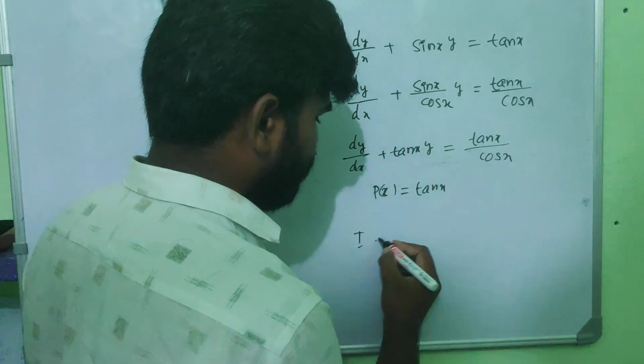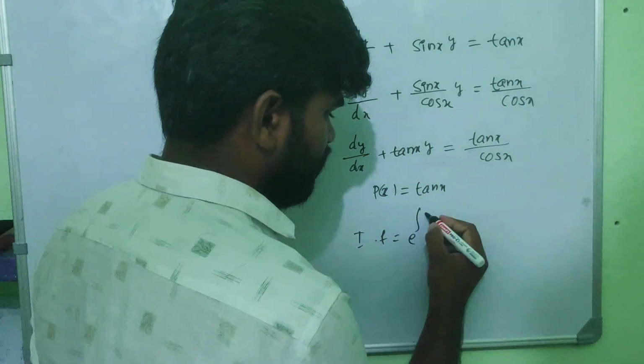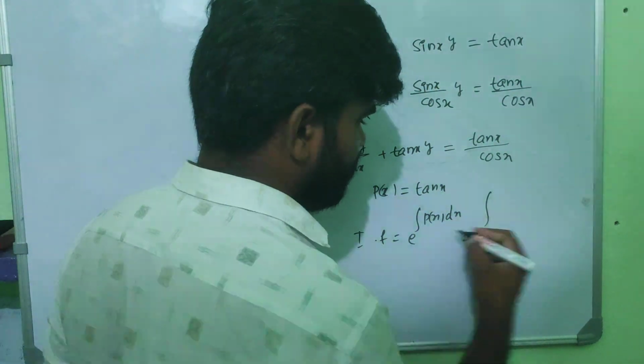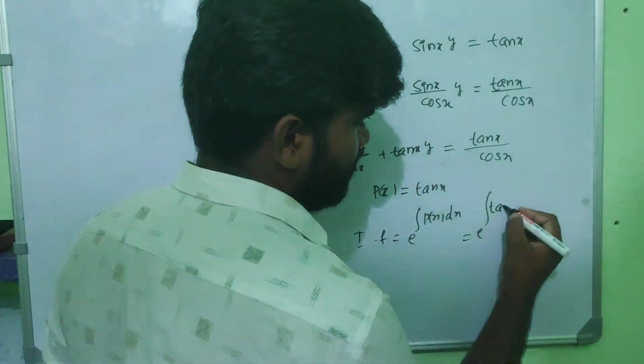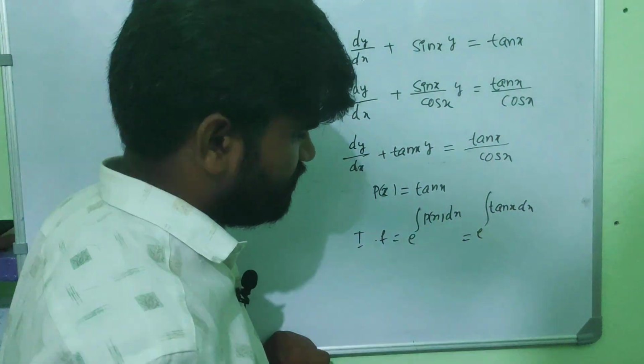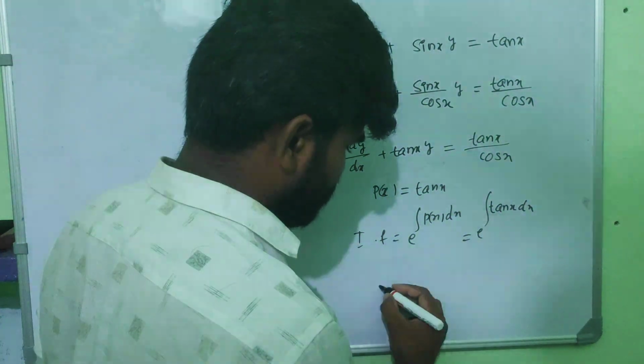So what will be the integrating factor, which will be e power integral p of x dx, which is equal to e power integral tan x dx. And what is the integration of tan x?